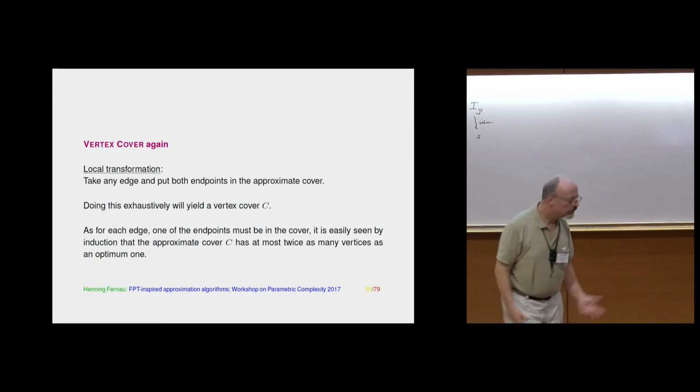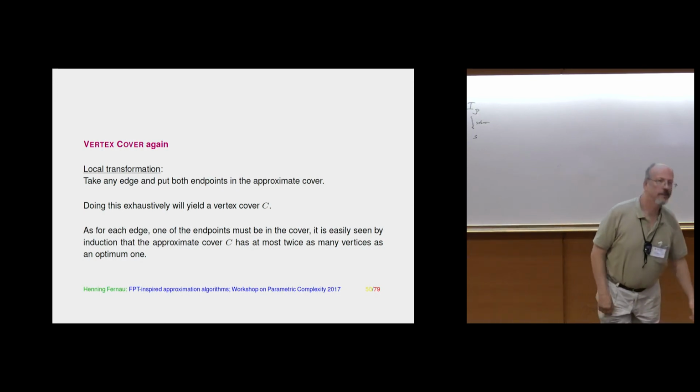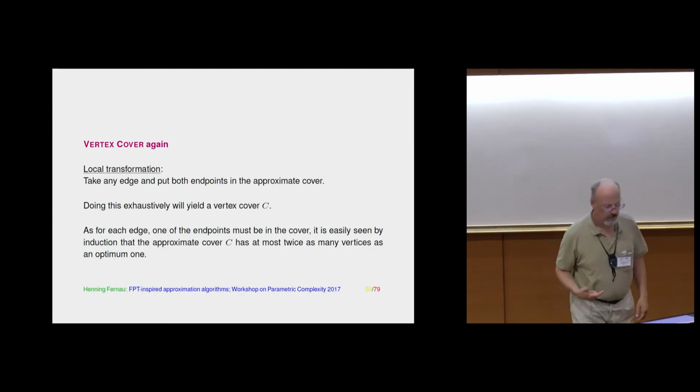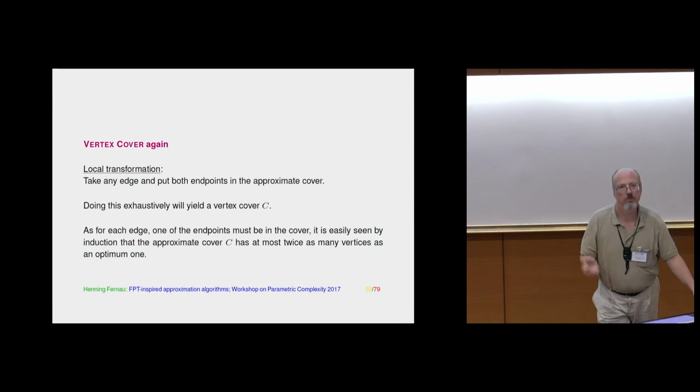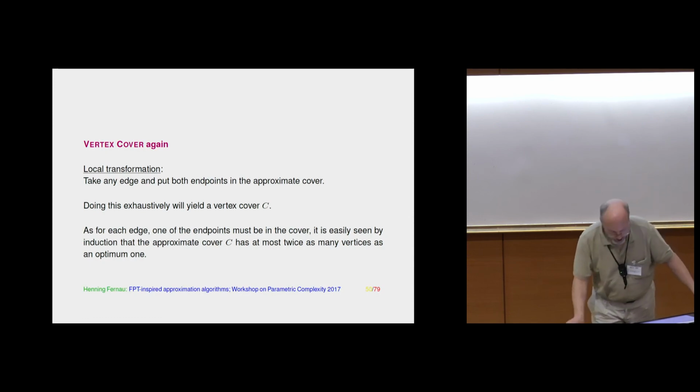So this simple thing, like having a local rule, basically, that manipulates my graph or my instance and tells me what to put into my cover or whatever solution there is, is basically the gist of this kind of algorithms.